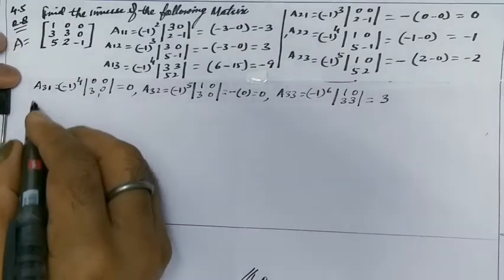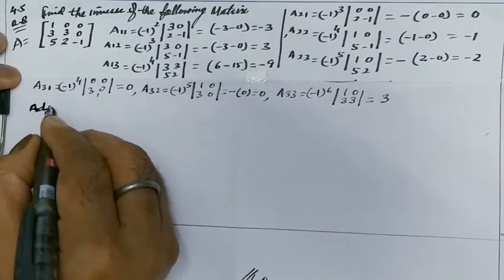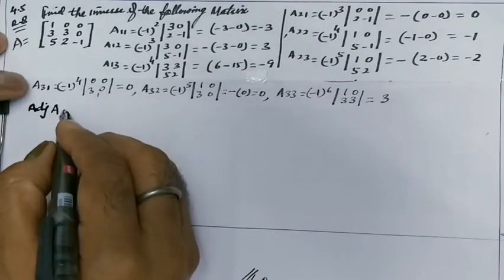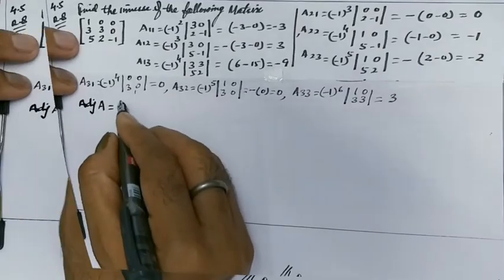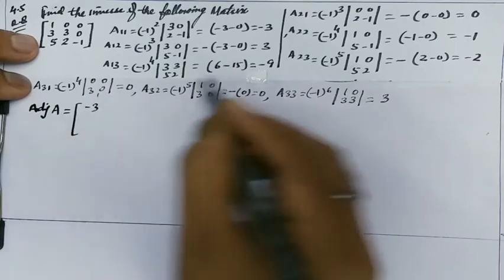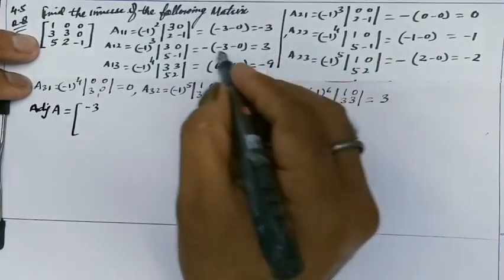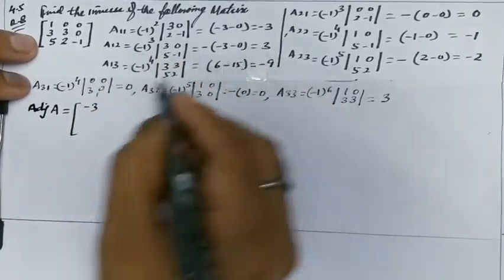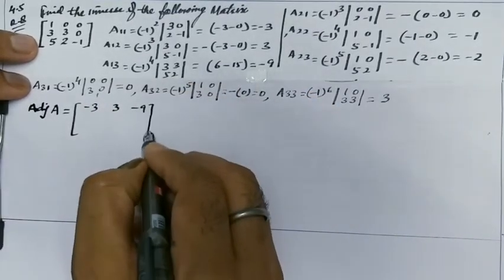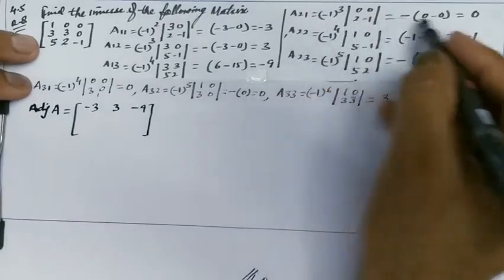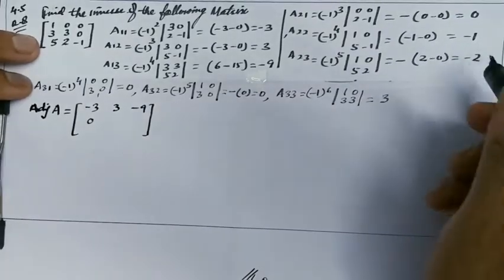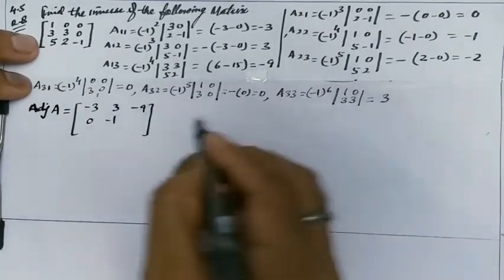Now the adjoint of this matrix A is equal to, in the same order, first of all a11 is minus 3, then a12 is plus 3, and then a13 is minus 9. Then second row: a21 is 0, a22 is minus 1, and a23 is minus 2.